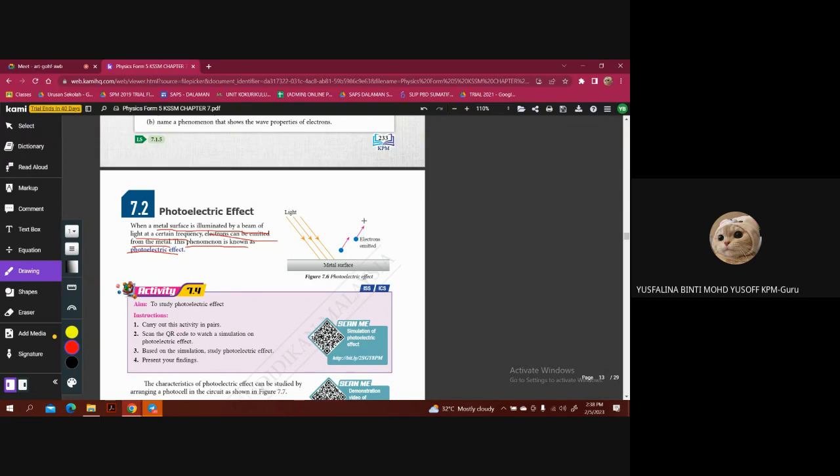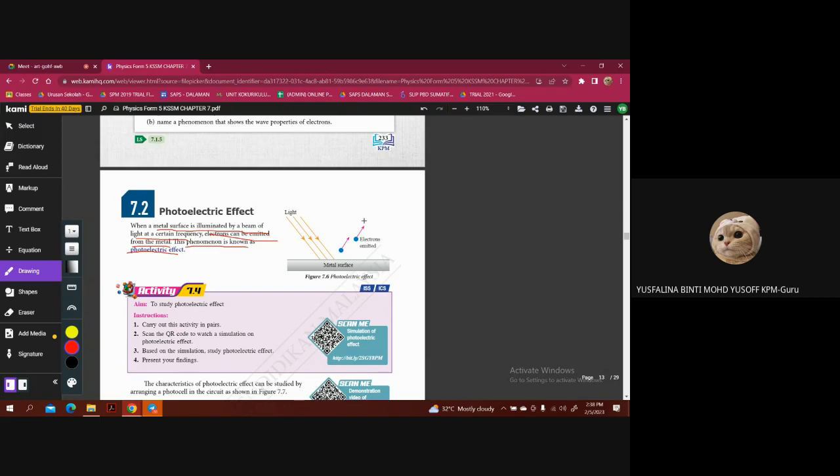Is this the same as the concept of thermionic emission? If you still remember, from chapter 5, the semiconductor, in the CRO, when you heat the metal and the electrons gain enough energy, they are emitted from the metal.